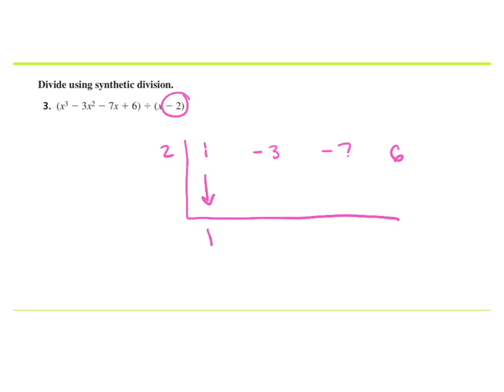What do we do next? Multiply, so 1 times 2. Negative 1. 2 times negative 1. Negative 2. Negative 9. Negative 18. Negative 12. So how do we write our answer?